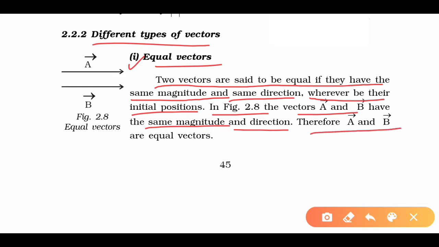Therefore, A vector and B vector are equal vectors. Both the vectors have the same magnitude and same direction, so we'll say that both the vectors are equal vectors. Clear?